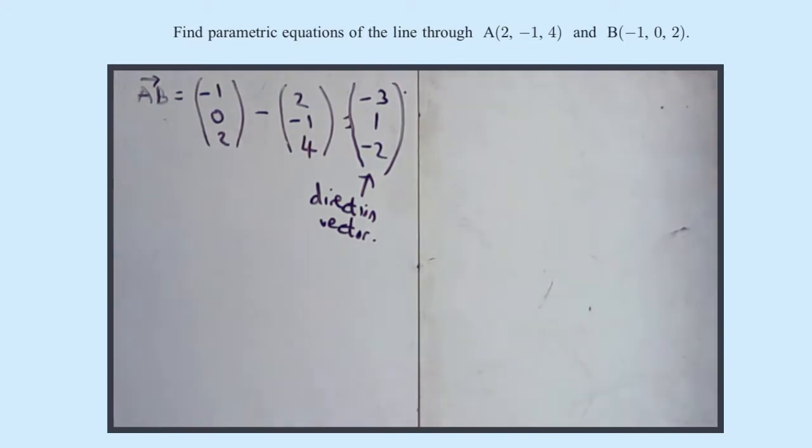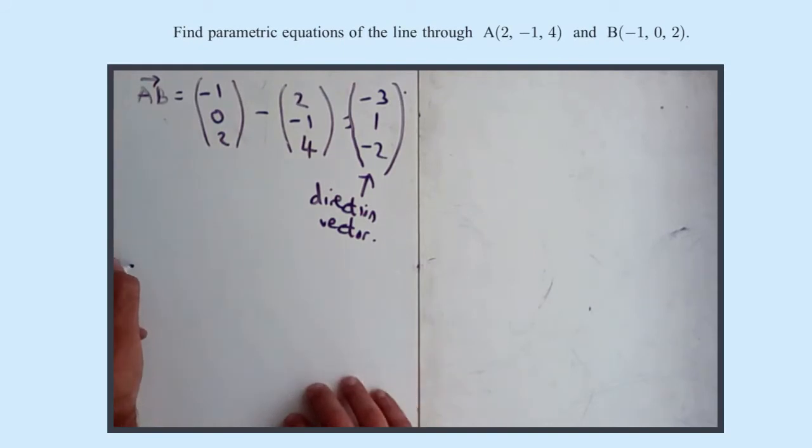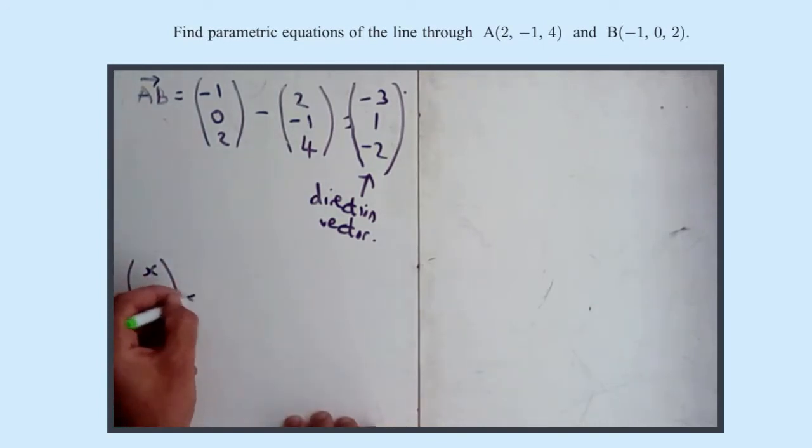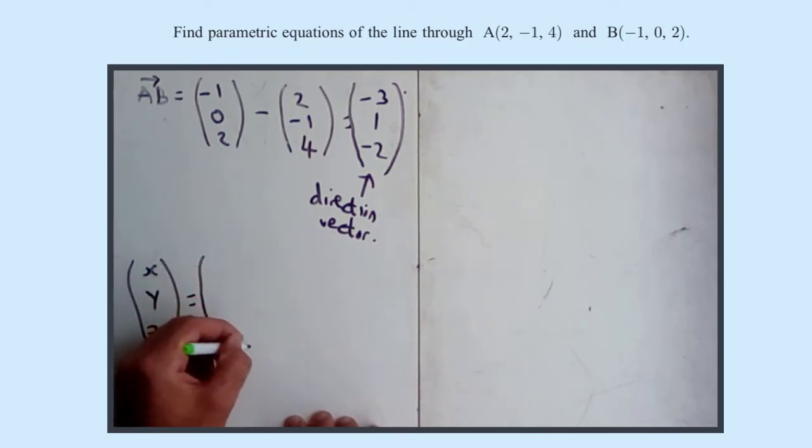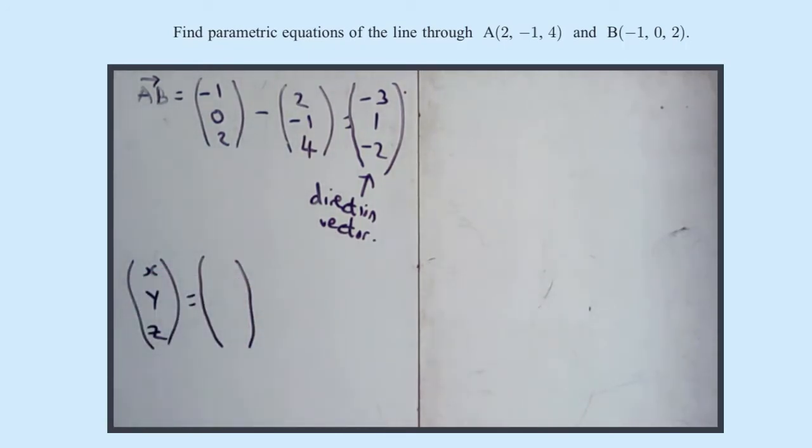So the position vector, or the vector that gets you on the line, I'm going to use the position vector of A. So now I'm going to say (x, y, z). So this is the resultant vector that gets you to any point on the line, equals the position vector of a known point on the line. Remember, it's always a vector equation because there are infinite vector equations.